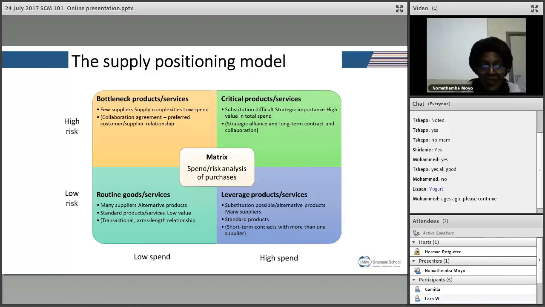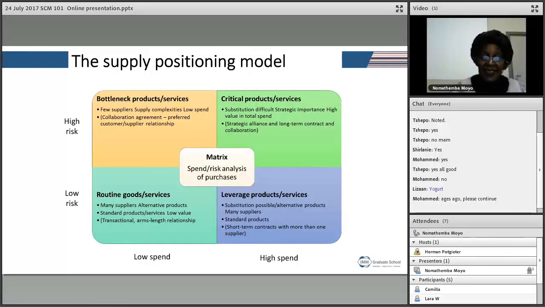This one is not there, but you need to understand it. When we are talking about the supply chain positioning model, we have two variables, risk and spend. If you are spending very little and the risk is high, that kind of product is called a bottleneck product or service.